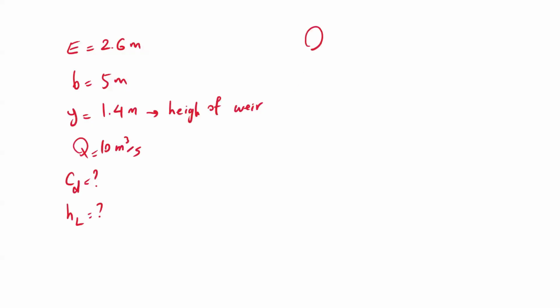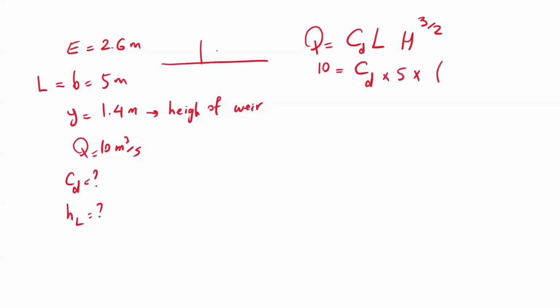If you remember for a weir, we had Q equals C, L, H to the power 1.5. I have 10 for discharge. I'm looking for CD, let's say. L is the same as B. It's the width, right? So 5 multiplied by, what is the H? Again, I'm going to show it to you here. That's 1.4 meter.